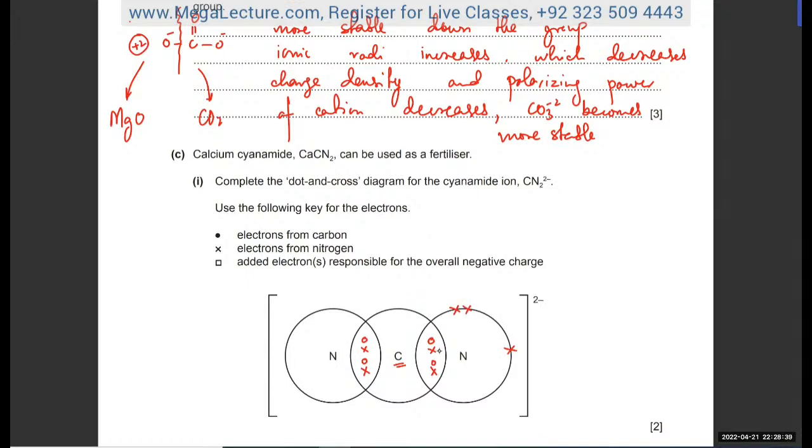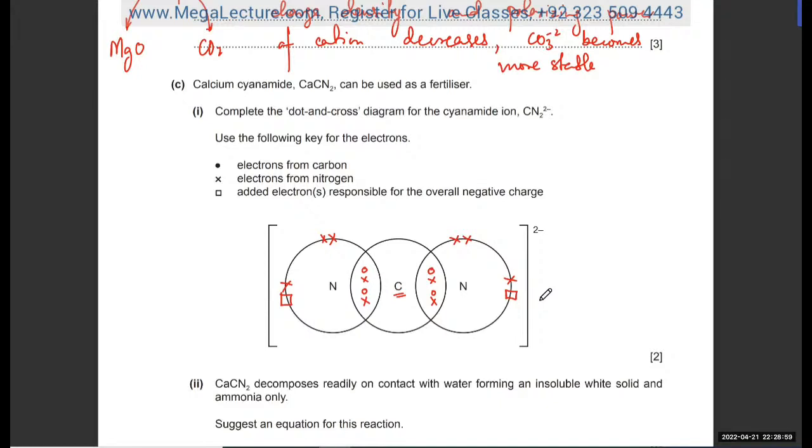The other nitrogen, 2 electrons are being shared, so 3 electrons are left. So the nitrogen outer shell is not complete. It needs 1 more electron. So that 1 extra electron is going to be this square symbol. Now nitrogen also has 8 electrons, but 2 electrons came from outside, so that will give it a 2- charge. Okay, clear? Yes, sir.